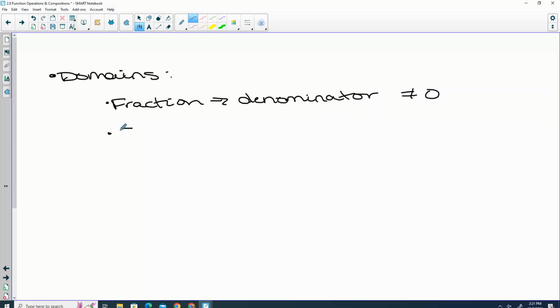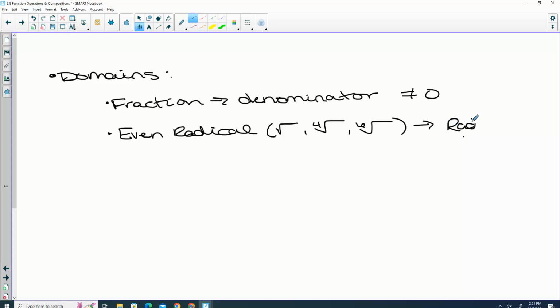And if you have an even radical, by that I mean like a square root, a fourth root, sixth root, we can keep going there. What do we have to have? A positive. So we say the radicand, that's the thing under the radical, has to be greater than or equal to 0. So if it's a fraction, we just say denominator can't be 0. If we have that even radical, the thing underneath, greater than or equal to 0.